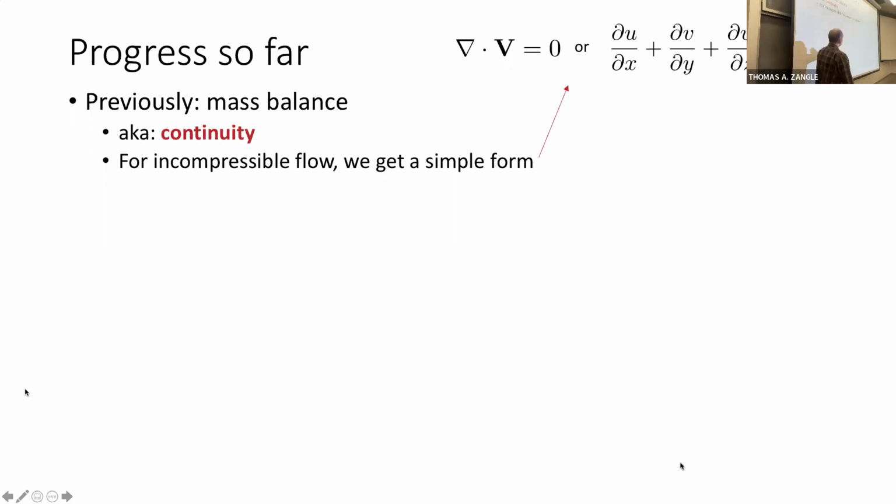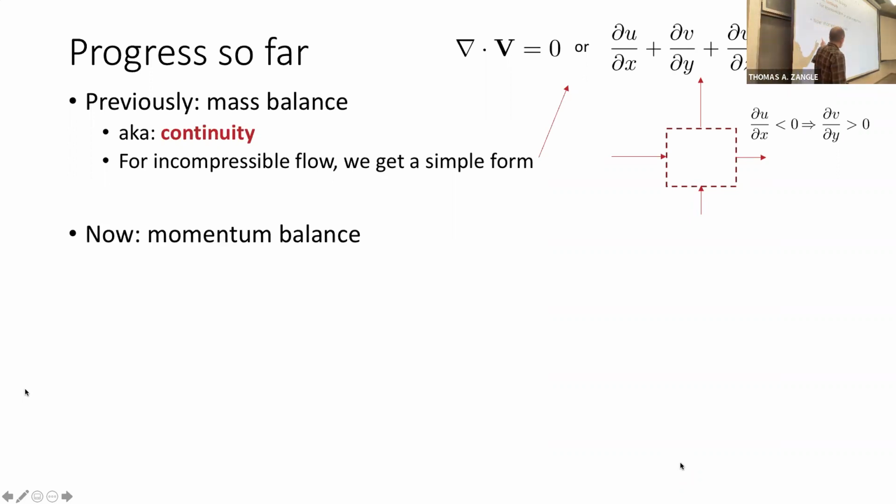Again, if we consider some differential fluid elements, this is telling us that if the flow is slowing down in the x direction, then it has to be speeding up in the y direction in order to make sure that mass is conserved within every differential fluid element.